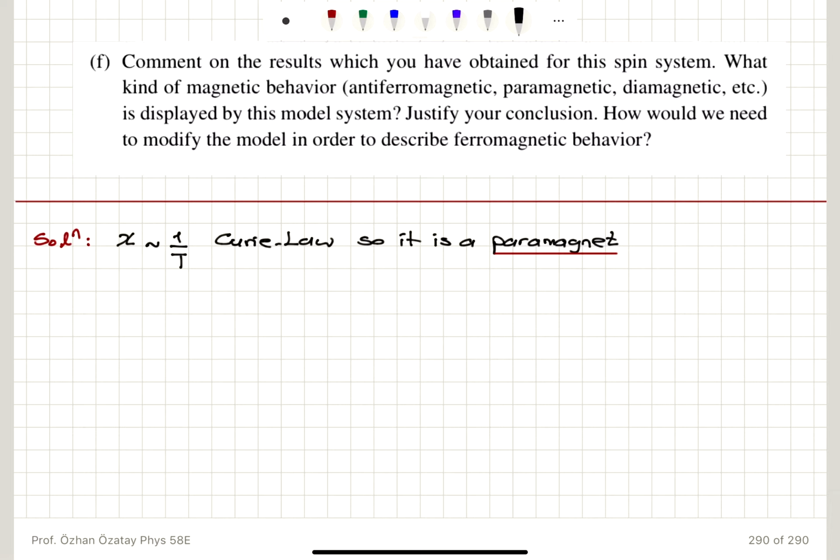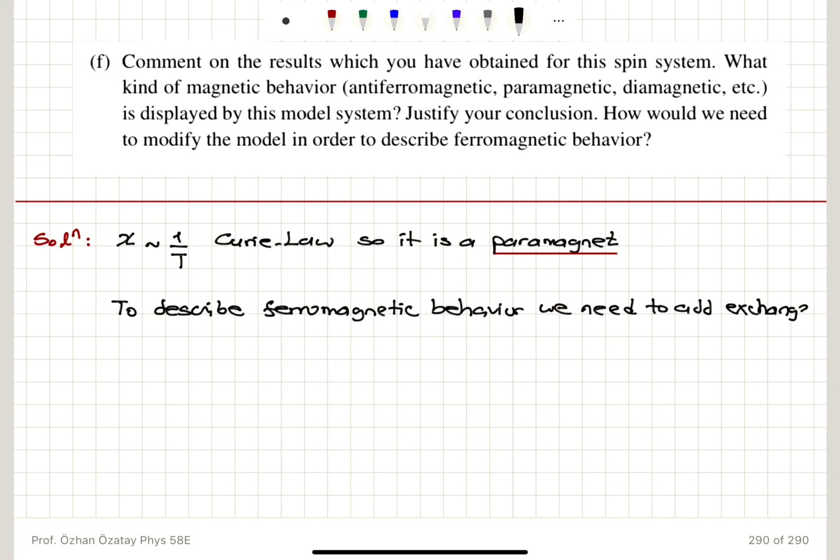And how would we modify this in order to describe ferromagnetic behavior? So we have to add an exchange interaction. So to describe a ferromagnetic behavior, we need to add exchange interaction, and that is a molecular field.